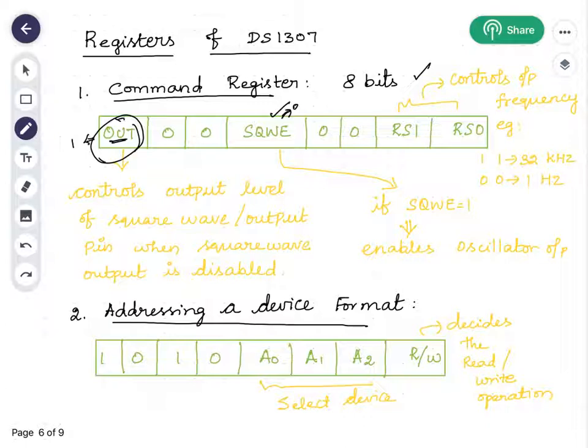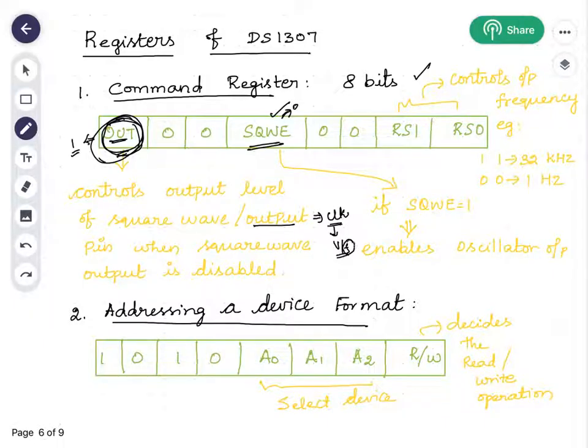I am repeating, if this particular bit is 1, then there is no standard square wave pulse and the output pin is going to generate a clock pulse, and its frequency voltage will be controlled by this bit.